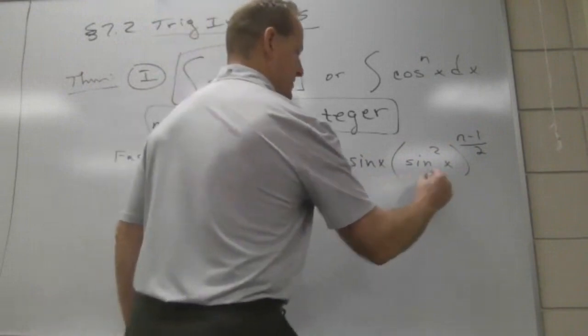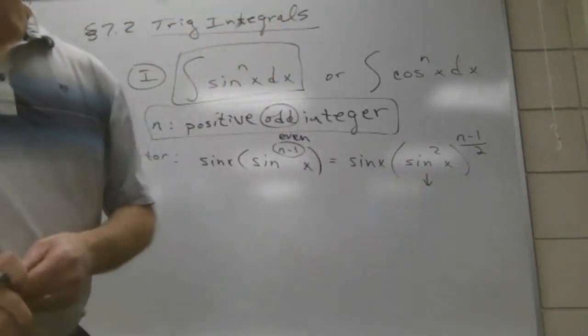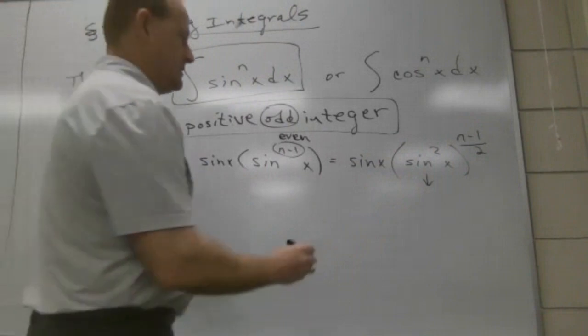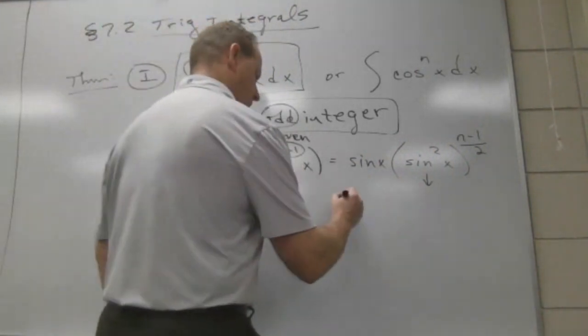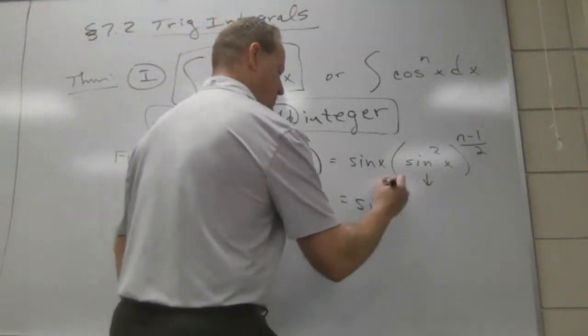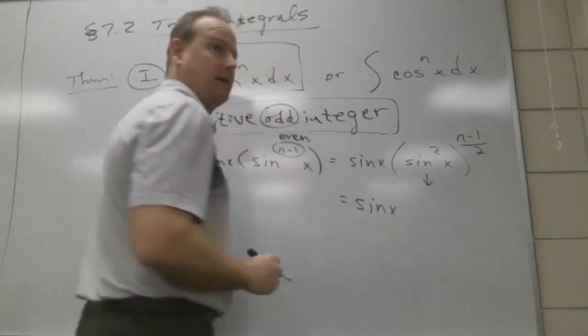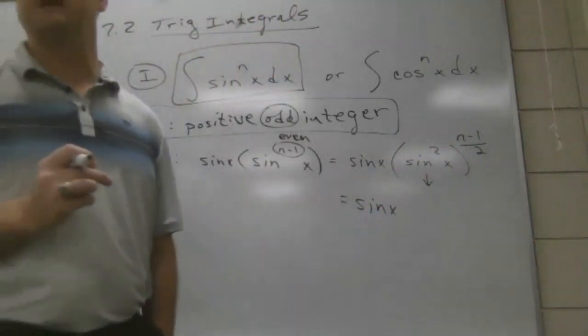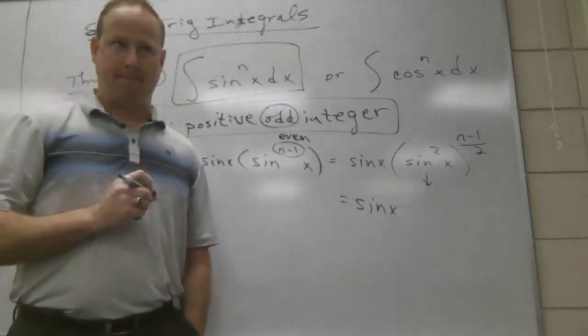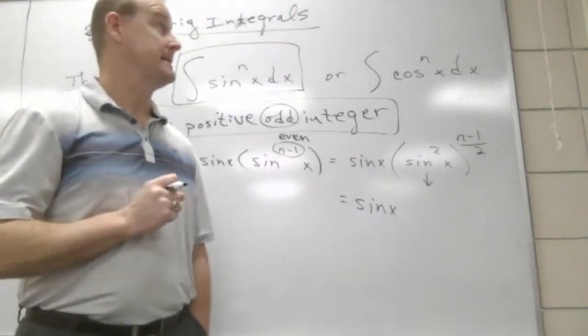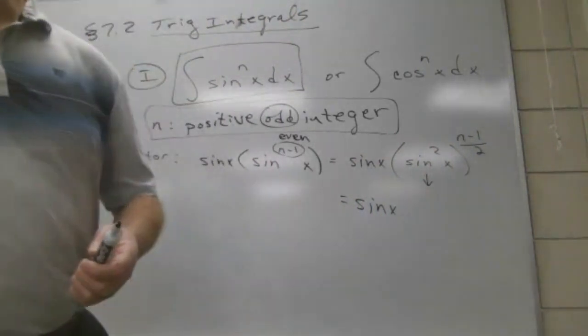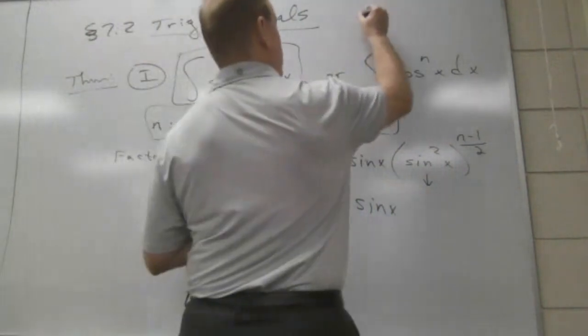Well, we can rewrite sine squared of x into something that we can handle. So sine squared of x, anybody know what relationship you know that has sine squared in it? That was on your trig sheet. Yep, so sine squared plus cosine squared is 1.